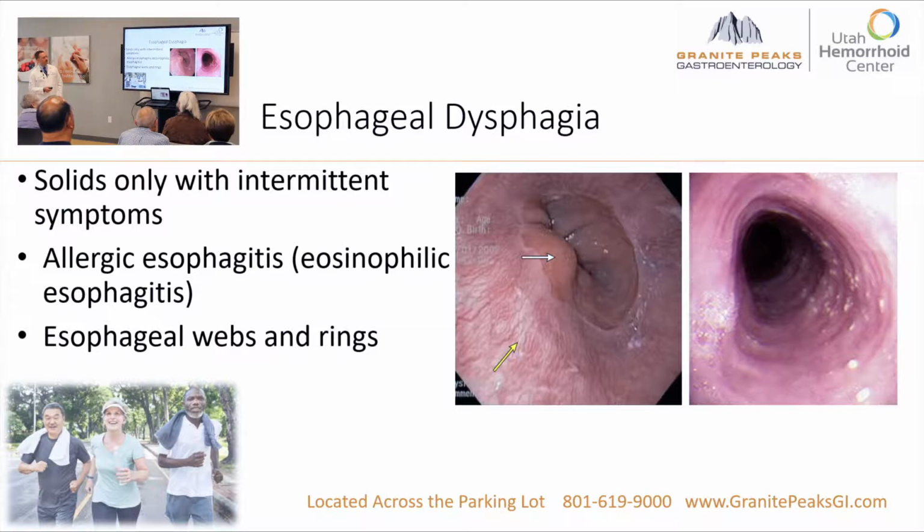The white arrow, which is more at the 9 o'clock position, is pointing to gastric tissue, so that's the junction between the esophagus and the stomach. And that's a very important junction because that's where people tend to develop problems with acid reflux and strictures and things of that nature. But picture number one there with the arrows is a normal esophagus.